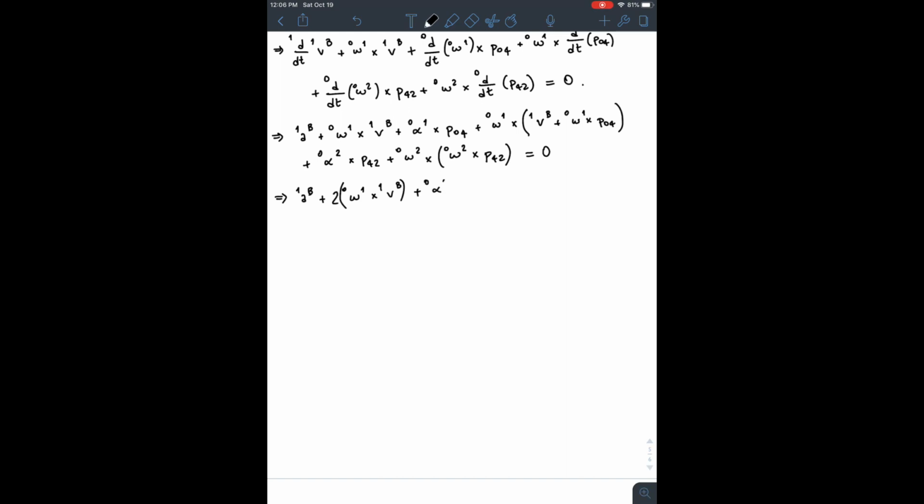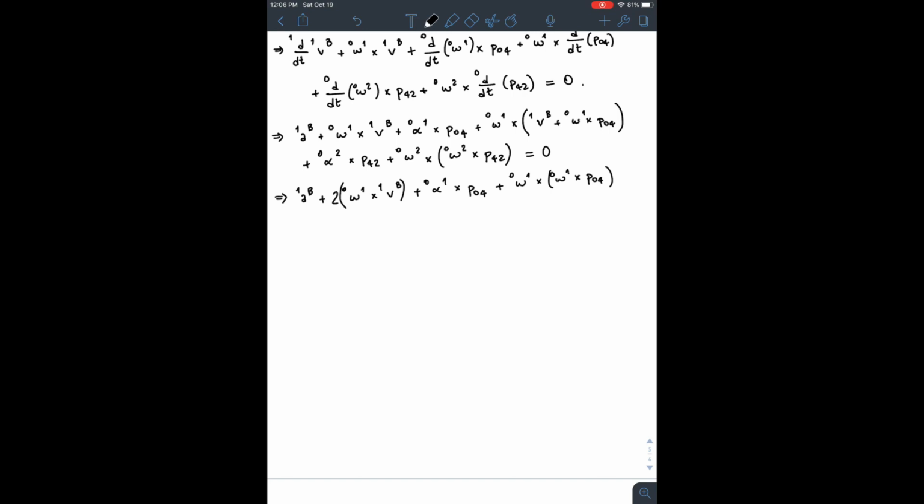Plus, I have angular acceleration of 1 in 0 cross p04 plus angular velocity of 1 in 0 cross angular velocity of 1 in 0 cross p04. That's the one term remaining from this computation. If you remember, we borrowed one of those terms to put that over together with that term right there.